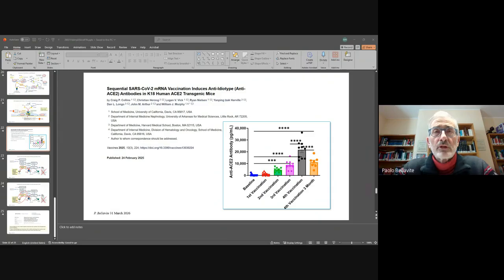Of course, the initial triggering is a bit different because the spike protein is not exactly the same. Molecularly speaking, the spike protein of the vaccine is in some way different.